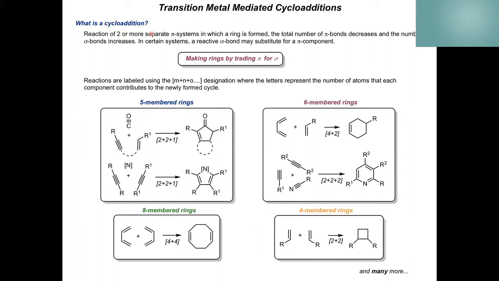A cycloaddition is formally defined as two or more separate pi systems where a ring is formed, and the total number of pi bonds decreases and the number of sigma bonds increases. So I think of this as trading pi for sigma. And in the process, as the cyclo part of the name confers, a cyclic structure is formed.